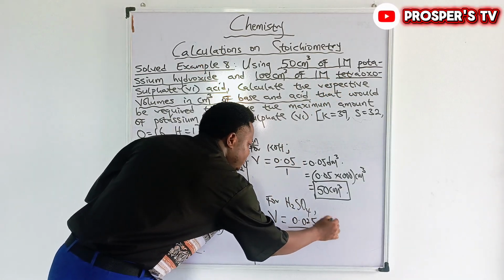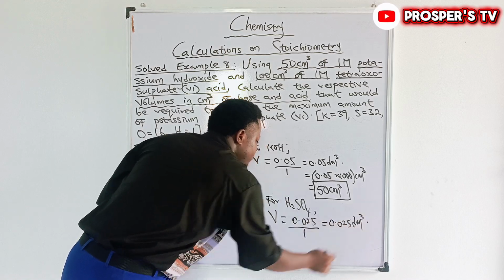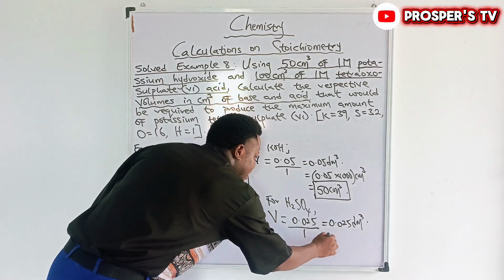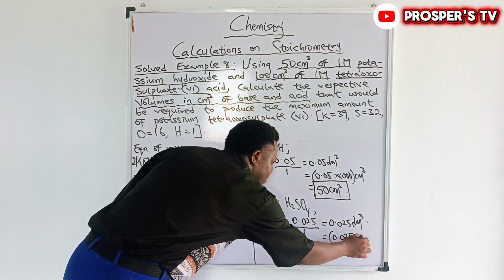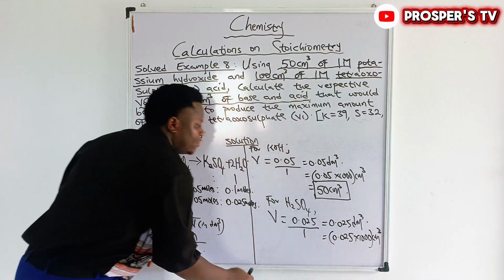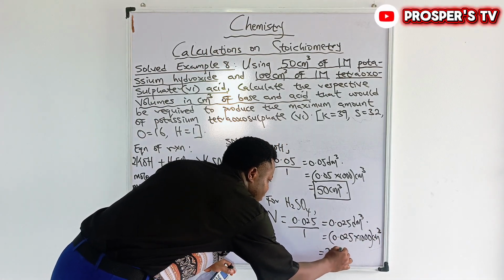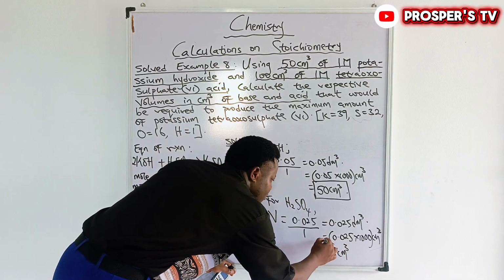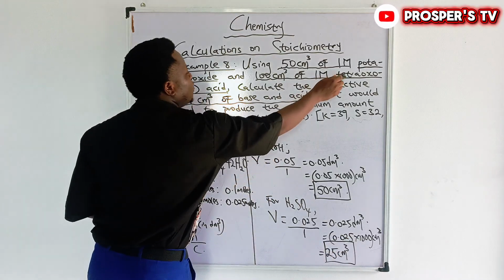So that also gives me 0.025 dm cube. We also convert that by multiplying by 1,000. So I multiply this number by 1,000 to get my answer in cm cube. So when you do that, that would give you 25 centimeter cube. So this is the volume of this solution that will be needed.